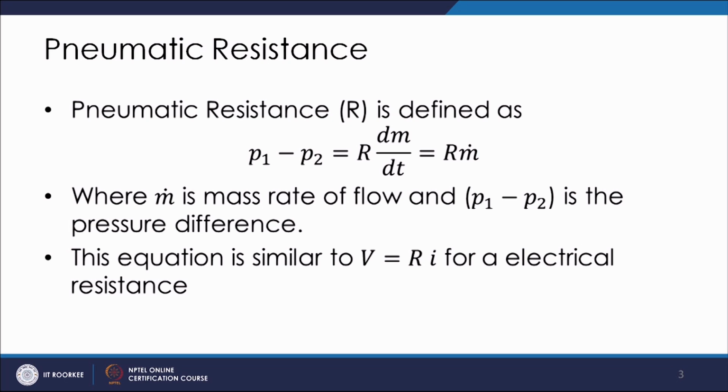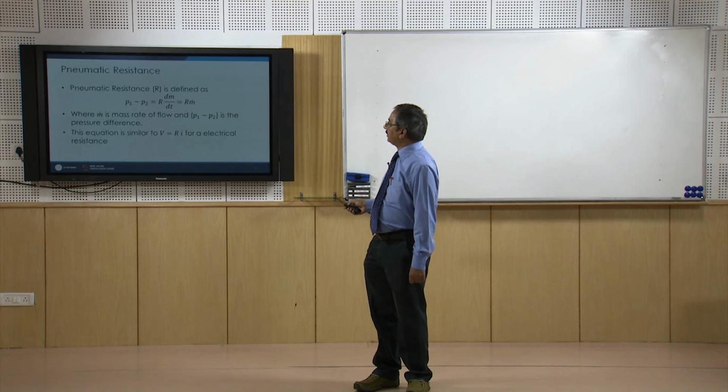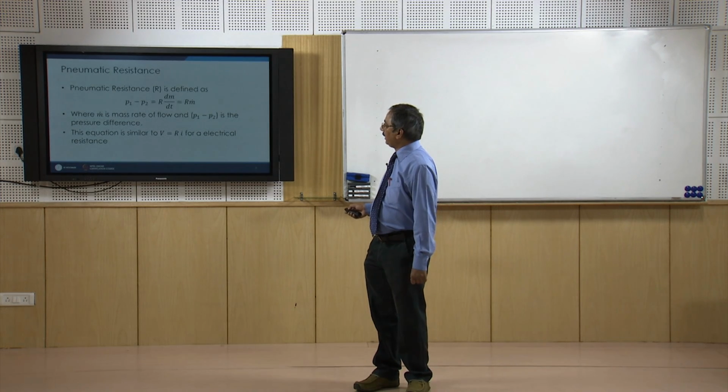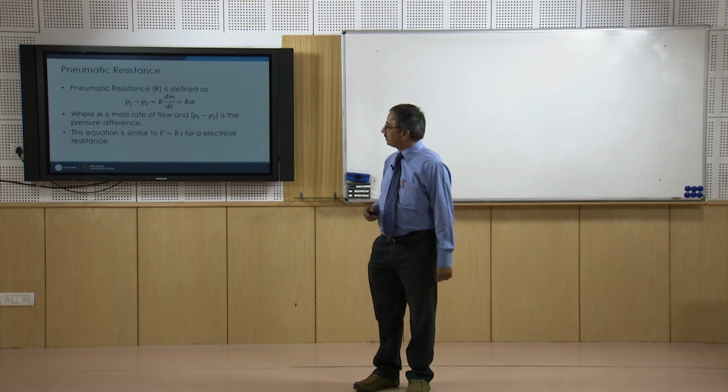Now, if you look at this equation, it is very much similar to what we have for electrical resistance, that is V is equal to I into R. So, what does this mean? The voltage of the electrical system corresponds to the pressure drop in the pneumatic system.